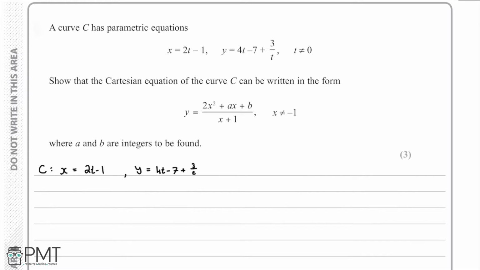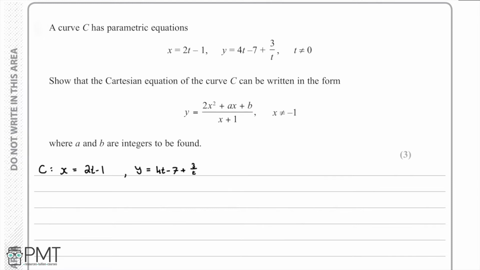So we're being asked to show that the Cartesian equation of the curve C can be written in the following form, with y being equal to 2x squared plus ax plus b divided by x plus 1. So a and b are both integers, and we need to get these two equations into this form, and then we'll find out what a and b are.